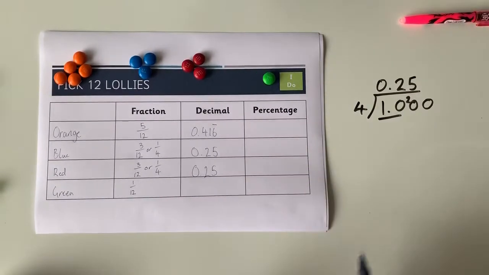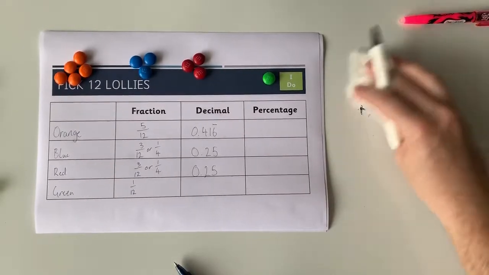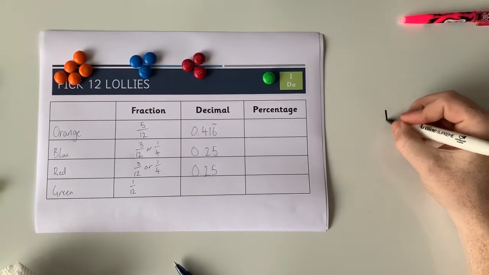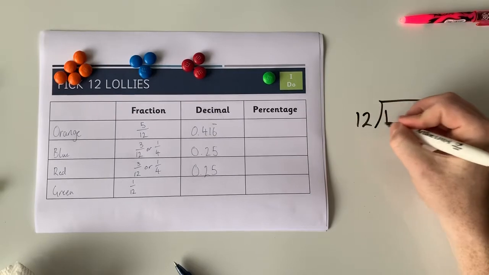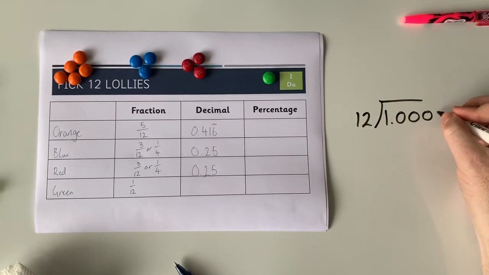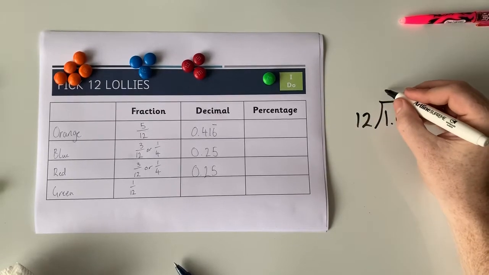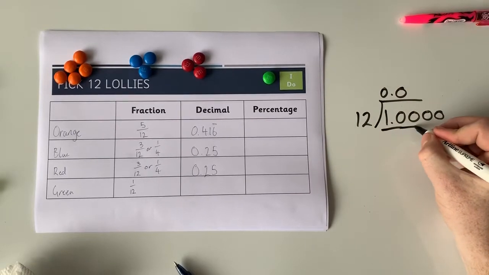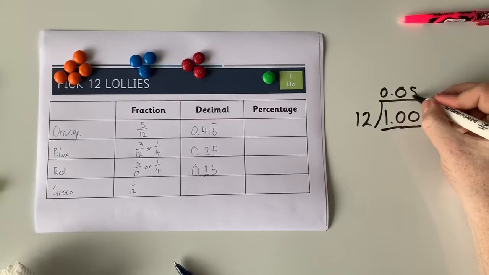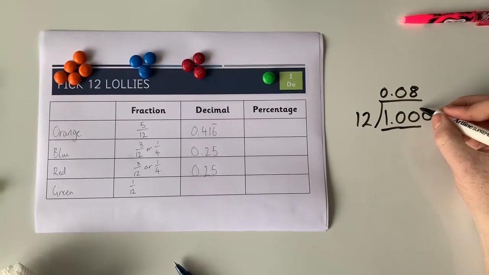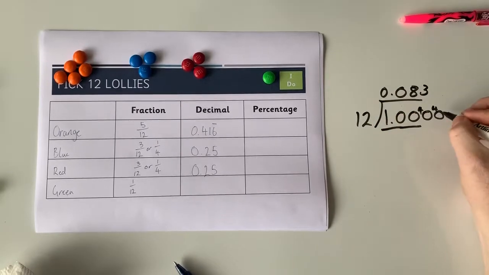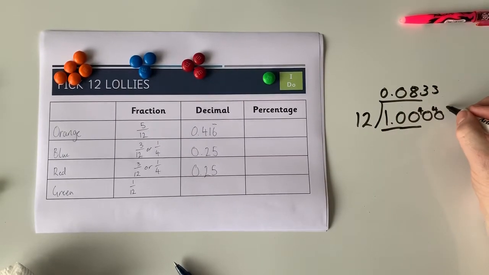And then the probability of green. One divided by 12. 12 goes into 1 0 times. 12 goes into 10 0 times. 12 goes into 100 8 times, and 4 remainder. 12 goes into 40 3 times, 4 remainder, and so on.